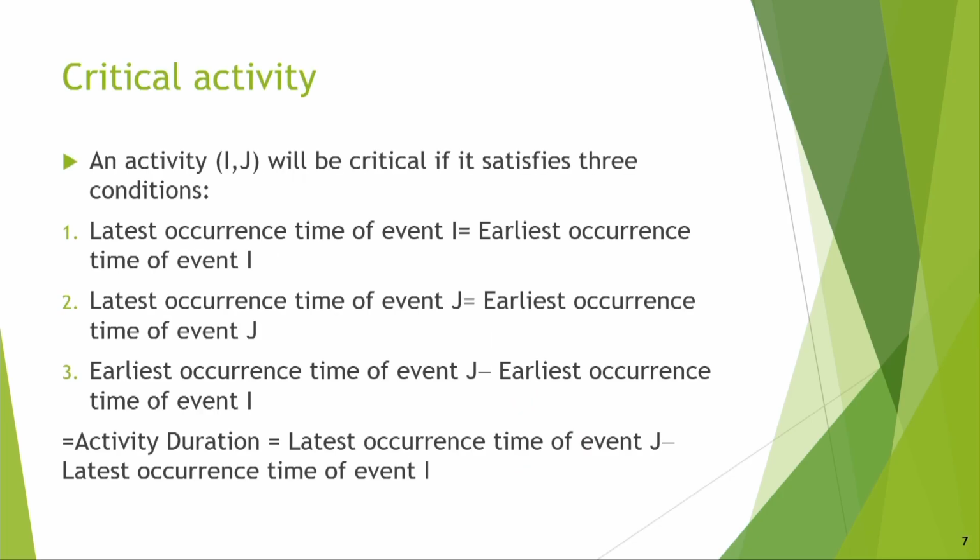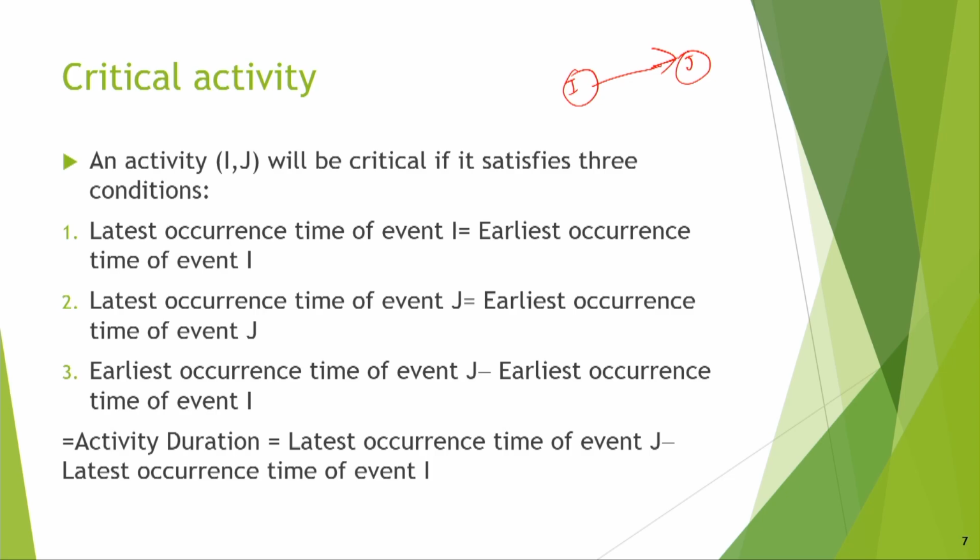Now, let me explain it in a very formal way. For an activity ij, we are following activity on arrow style. So, i is the starting node and j is the ending node of the activity. Activity ij will be critical if it satisfies these 3 conditions.